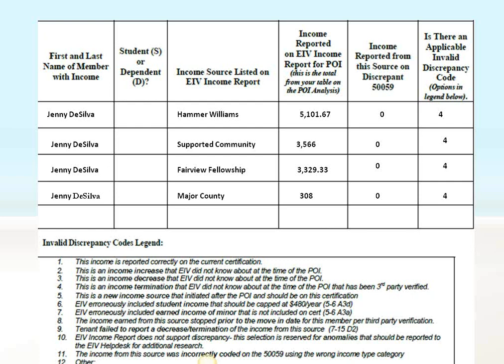Then notice we didn't touch on it in this case study because this case study ended up being invalid, but let's say you had one where you legitimately had a valid discrepancy that you have to fix. There's a final form in your handout that says the discrepancy action plan.